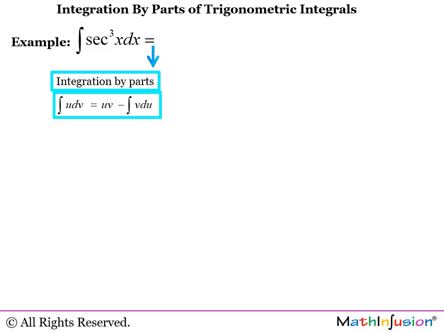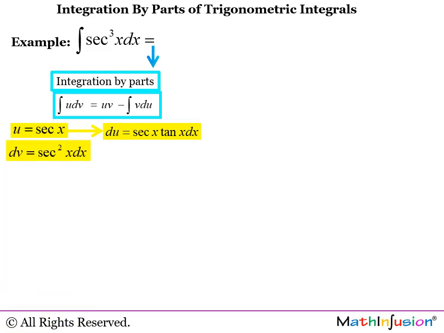So I'm going to take dv to be secant squared x dx, and then obviously u is secant of x. So if u is secant of x, du is secant x tangent x dx. And v is tangent x. That was the reason for that.